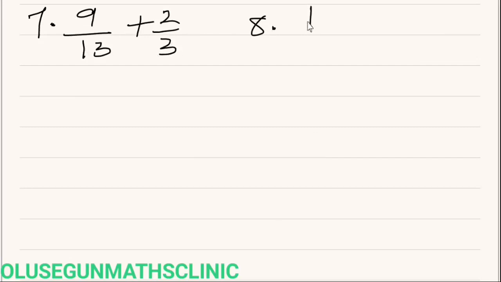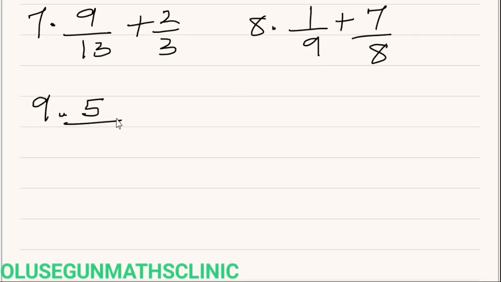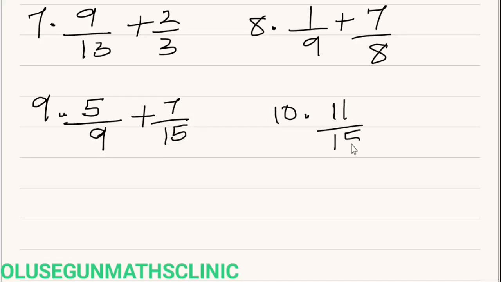Number 8, we have 1 over 9 plus 7 over 8. Number 9, 5 over 9 plus 7 over 15. So number 10, 11 over 15 plus 3 over 5.